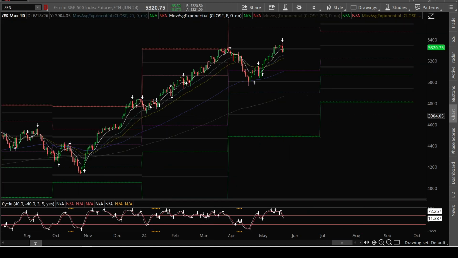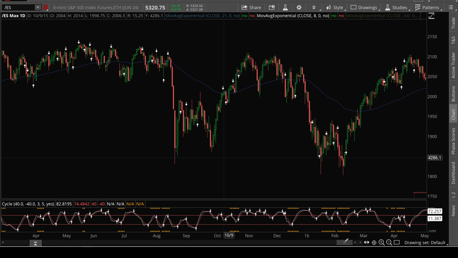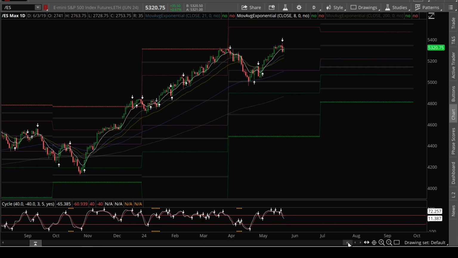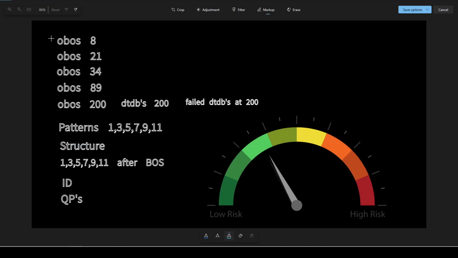S&P 500. So here's a list of the setups that we're going to be trading: overbought, oversold 8s, 21s, 34s, 89s, 200. If you guys have been following my channel, you probably already know this.